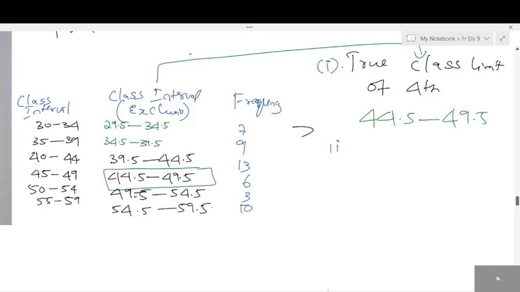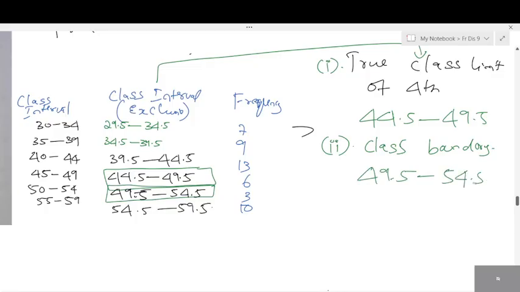Tell me the next question. What's the next one? See, class boundary, class limit, class interval, the meaning is the same, students. Class boundary is also the same. Of which interval? The fifth class interval we have is the answer. Is this clear?